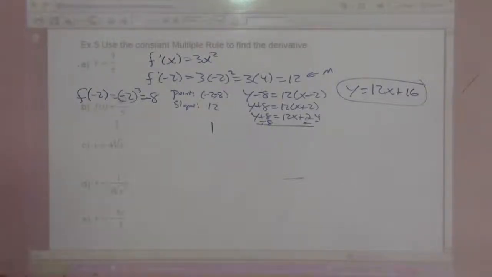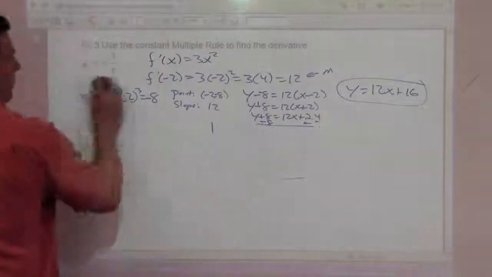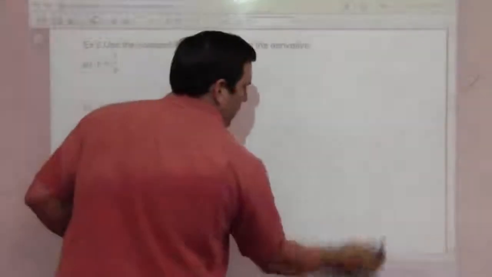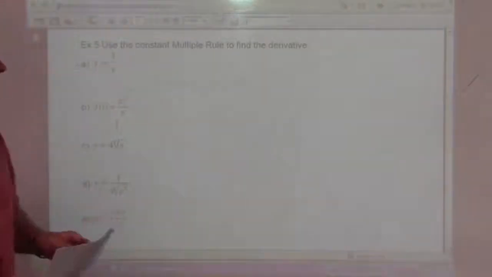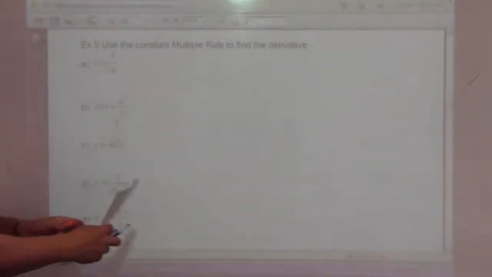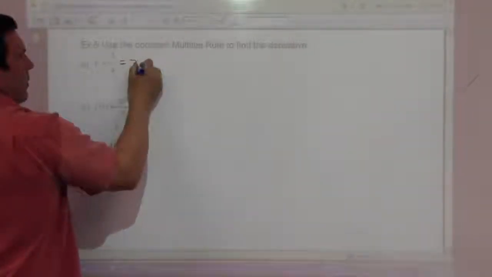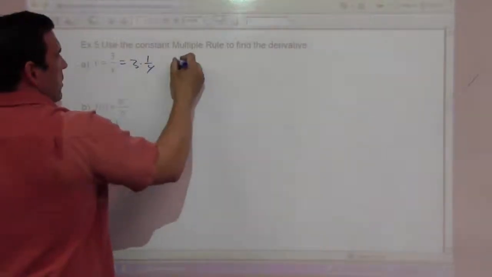Okay, we have several little problems here on example 5. It says use the constant multiple rule to find the derivative. Y equals 3 over x. Think of this as 3 times 1 over x.